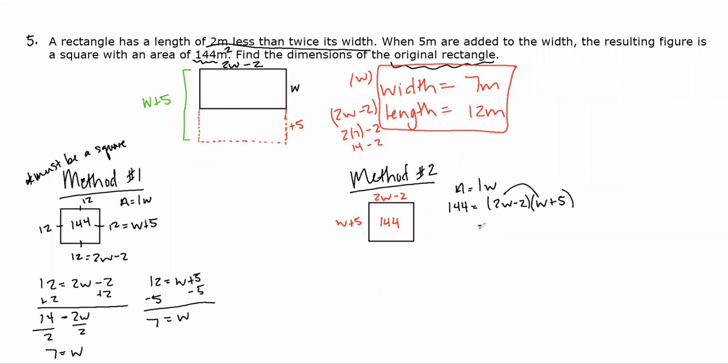2W times W is 2W squared. 2W times 5 is 10W. Negative 2 times W is negative 2W. Negative 2 times 5 is negative 10. I'm going to get it equal to 0, so I'll move this guy over to the right.